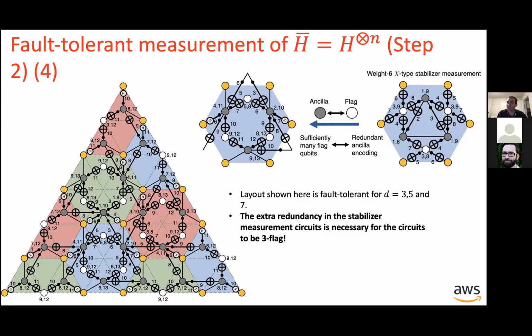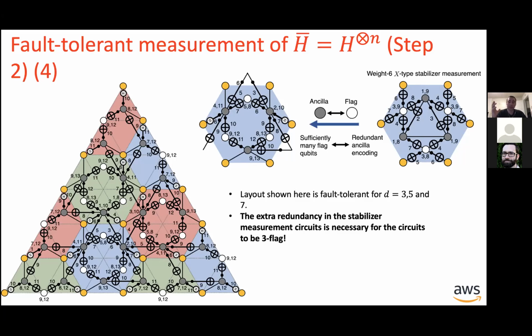And the other thing is that if, say, a distance 7 color code isn't enough to get what we need, one thing that we could do is to use encoded gates, similar to what's done in magic state distillation. But the great thing here is that because the circuit is fault tolerant, the distances of these encoded gates won't have to be as large as what would be required.